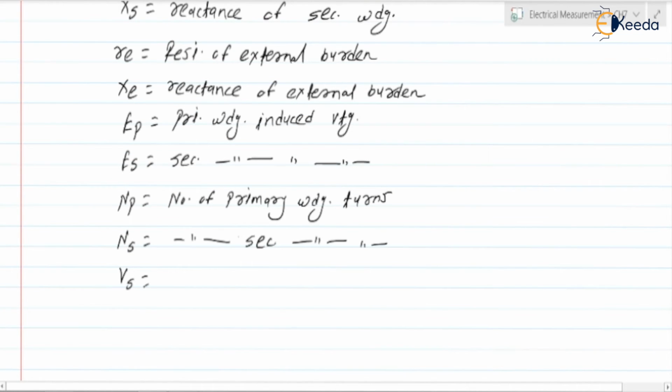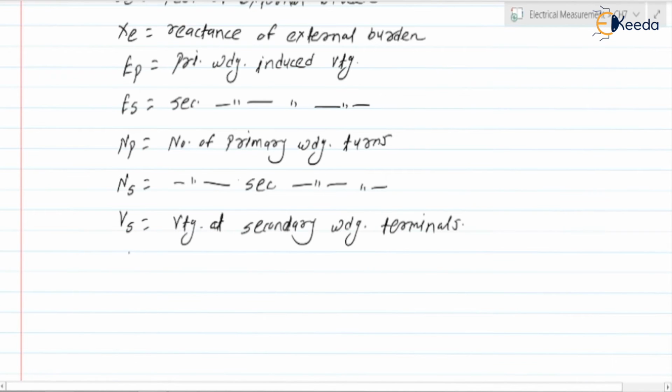VS is the voltage at secondary winding terminals. Next, ES is the induced voltage and VS is the terminal voltage.